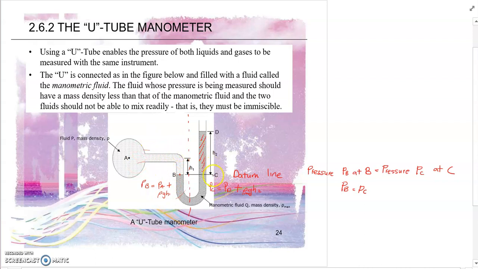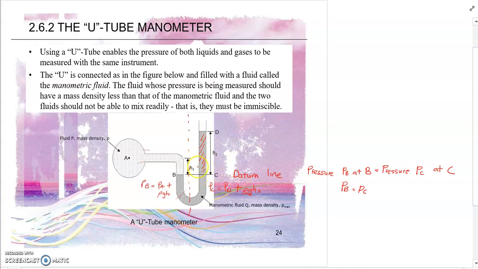Now let's look at your right side. For PC, the pressure at C is the pressure at D plus the pressure associated with the height difference between point D and point C, which is rho GH2.